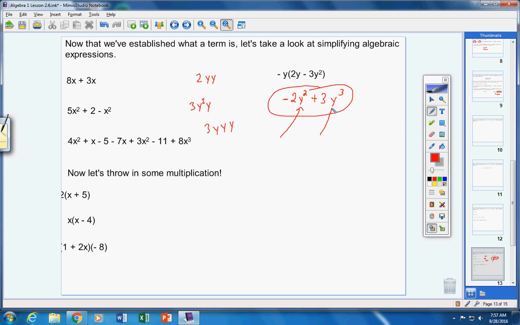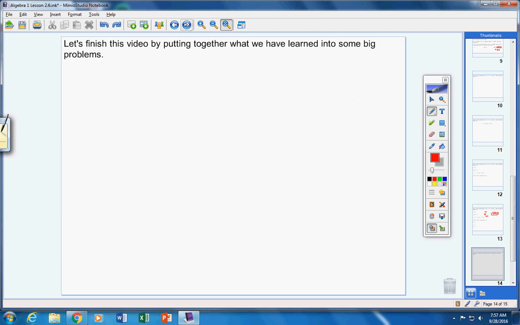This is a y cubed term. They are unlike terms, so I am finished. Okay? You've got to understand this stuff, guys. It's very important that you can simplify algebra expressions. Let's finish this video by putting together what we have learned into some big problems. Okay? Some big problems. And here we go.